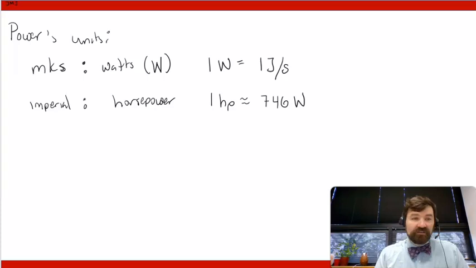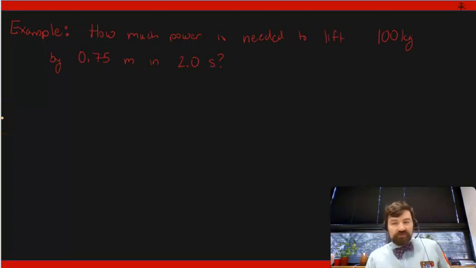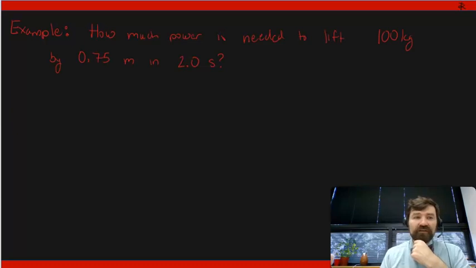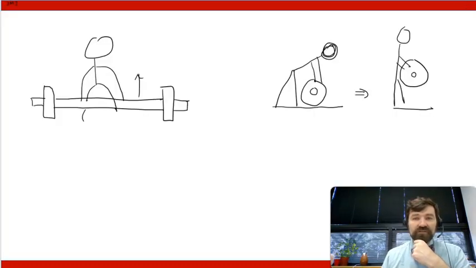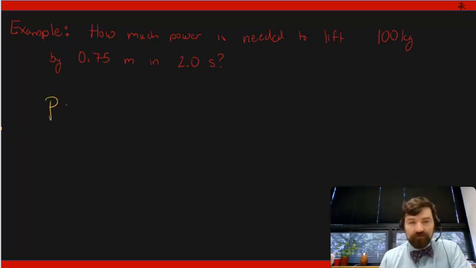So with that in mind, let's go ahead and do a quick example to close today's video. How much power is needed to lift a 100 kilogram weight by 0.75 meters in 2 seconds? So in other words, we're doing these deadlifts with roughly 220 or so pounds. So your power should be equal to the work divided by the time.